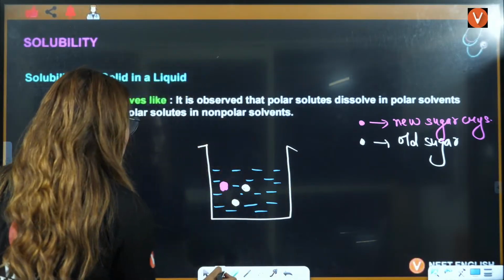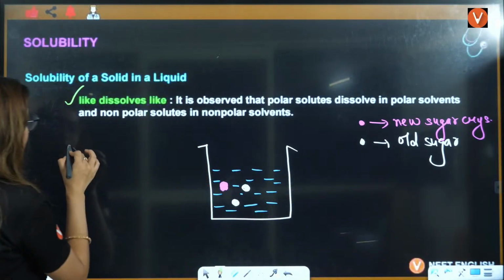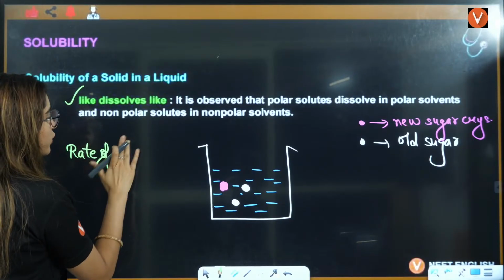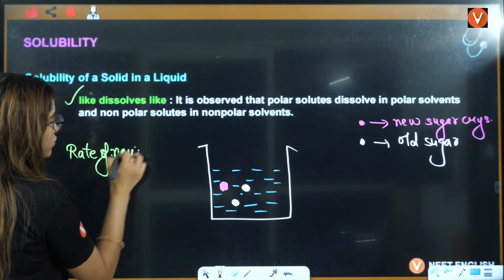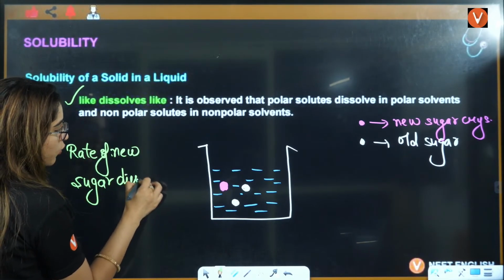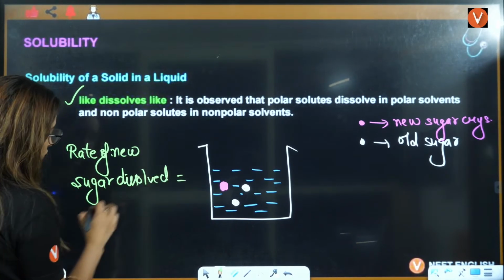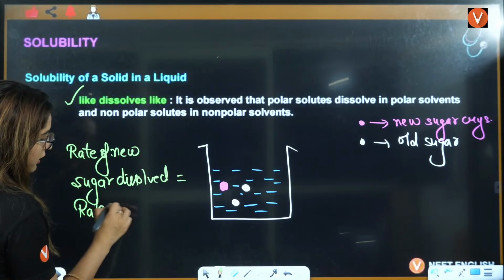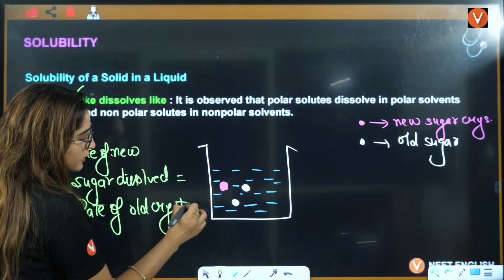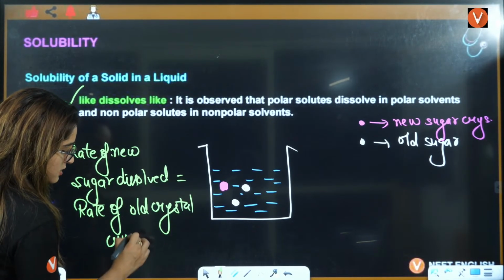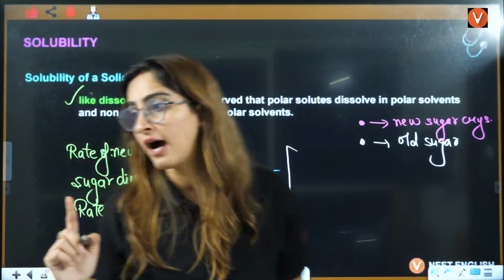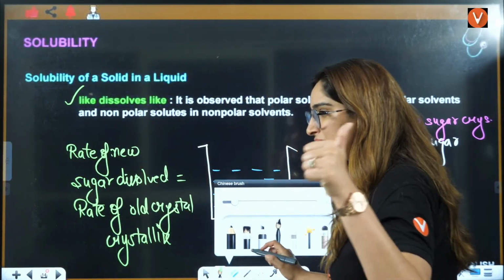What I am saying is that the rate of new sugar dissolved is equal to the rate of old crystal being crystallized. That is a concept mentioned in your NCERT, right? Okay, students, that is clear.